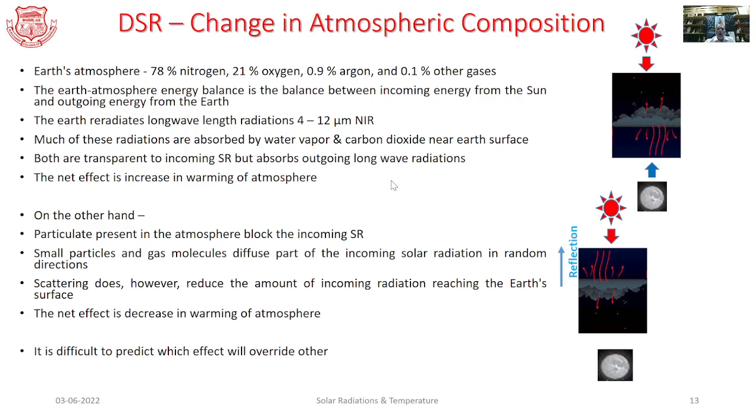As the long wave radiations are absorbed, the energy won't be dissipated in the upper atmosphere, but it will be stored in the vicinity of the Earth's surface. Hence, it will cause the warming of the atmosphere.